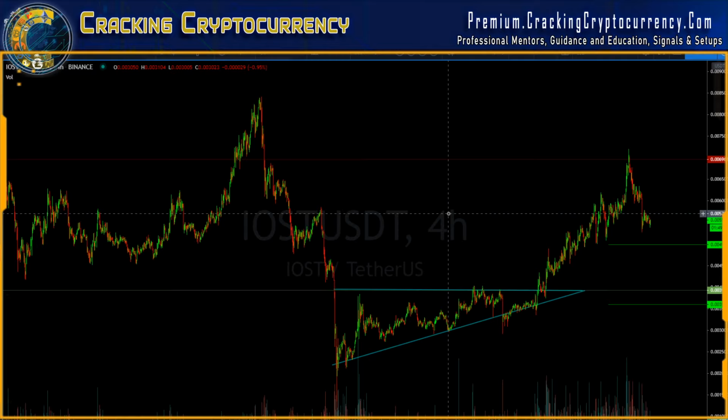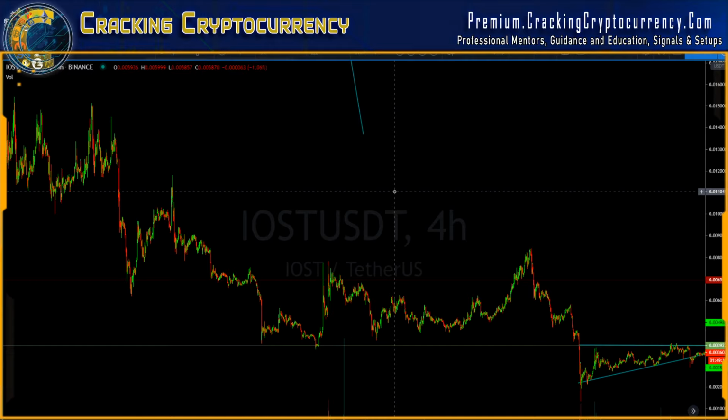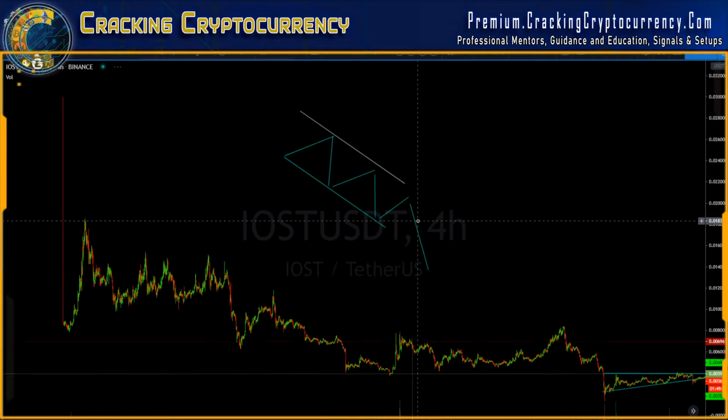Ascending triangles are preceded by an uptrend in price, and they are not preceded by downward movement in price. So that is a particular bottoming pattern and not really an ascending triangle, which is a continuation pattern of an already existing and emerging uptrend. So that's a pretty good example.